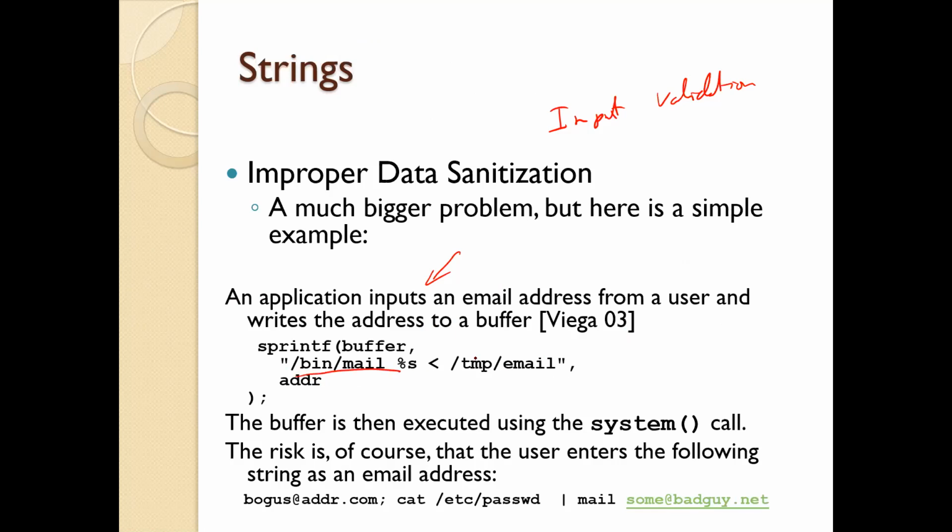So bin mail, the redirection parameter, and this is supposed to be provided by the user as input. What's the problem with that, or the danger? This is a system call, which we've talked about quite extensively. We've said that a system call is nothing more than like what you're typing on the terminal. So what's the risk?